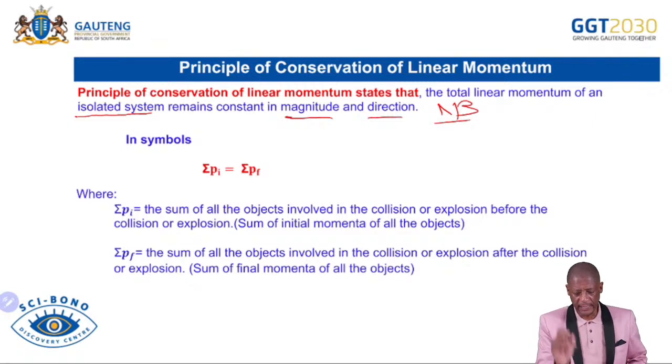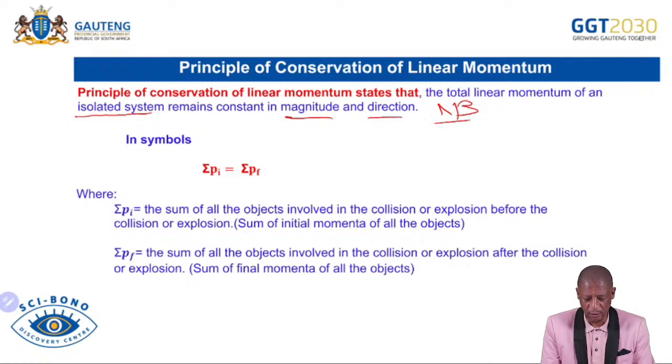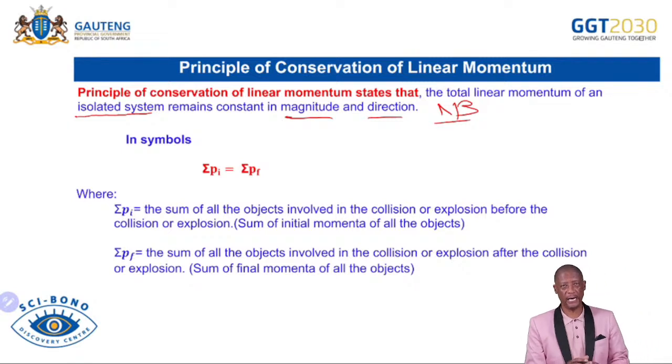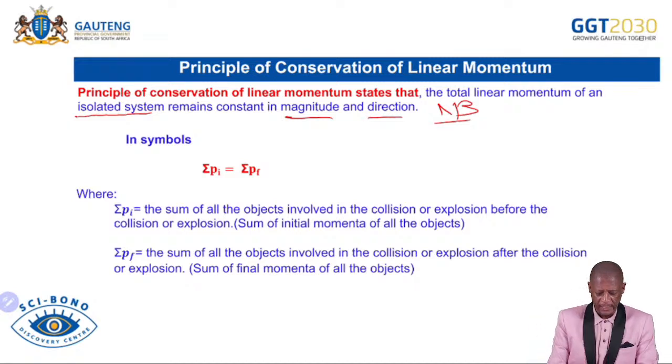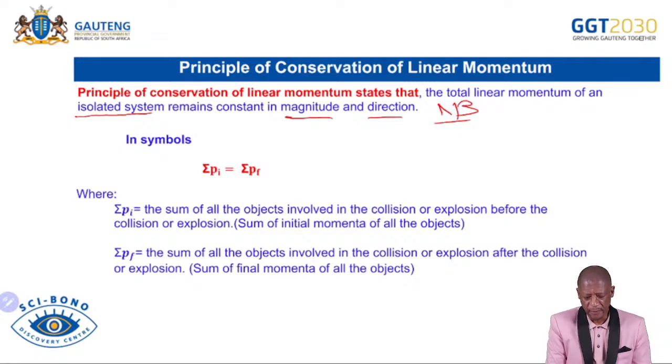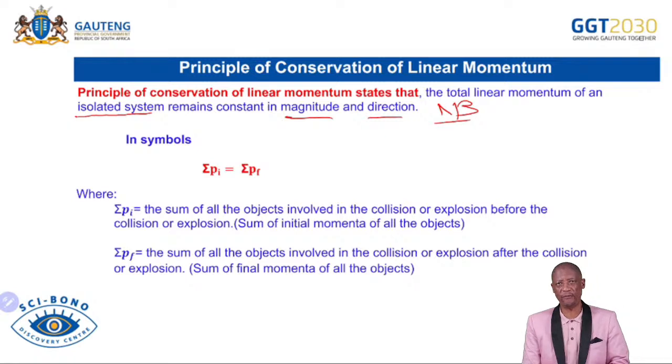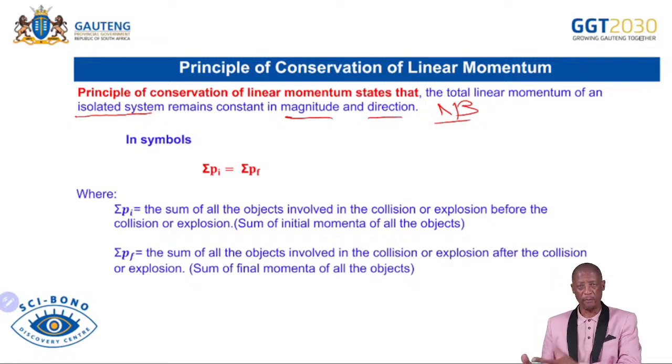So this is the principle of conservation of momentum. And this principle is going to allow you to calculate. But what does it mean? It says to us the sum of initial momentum is equal to the sum of final momentum.